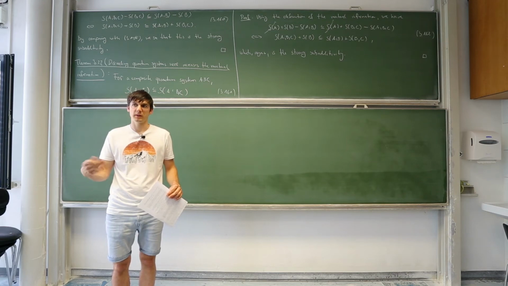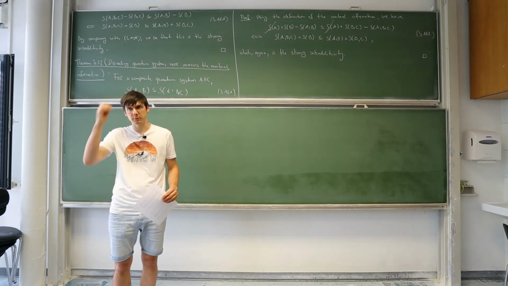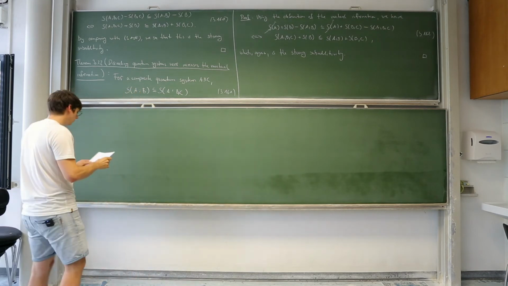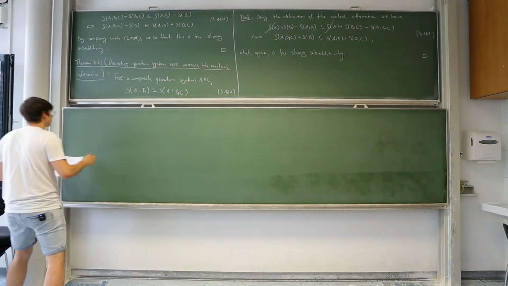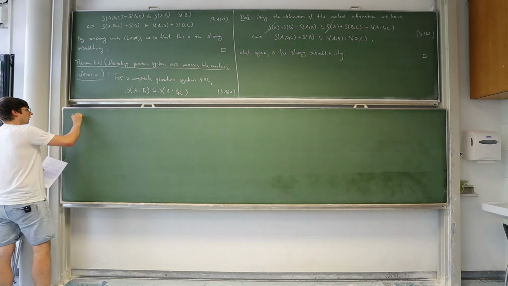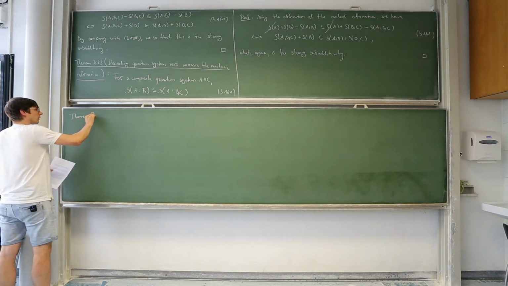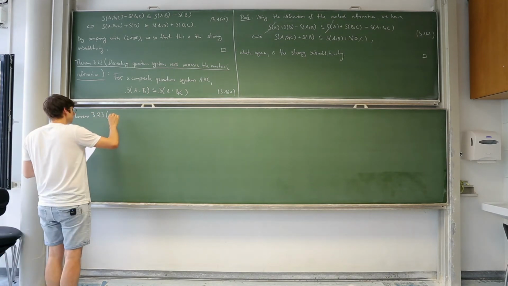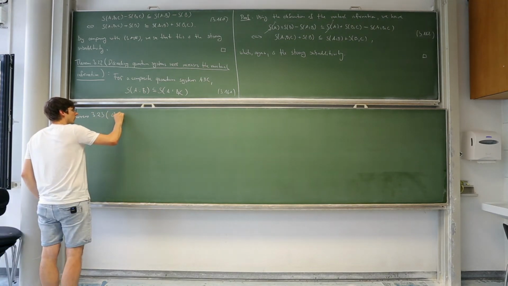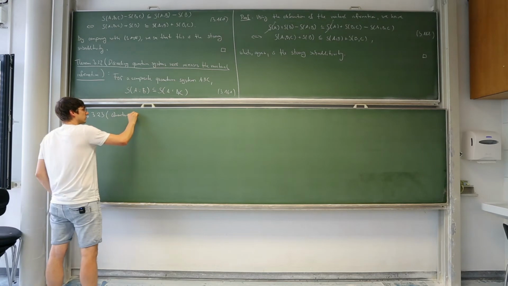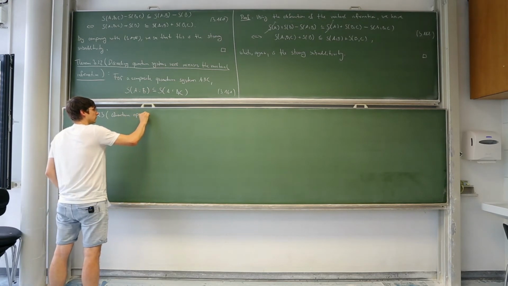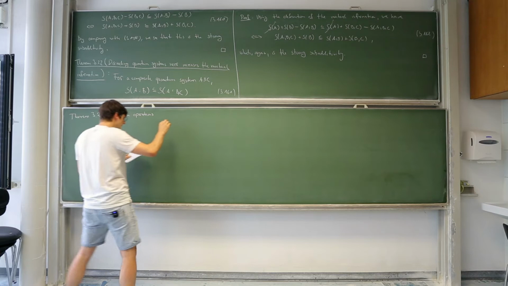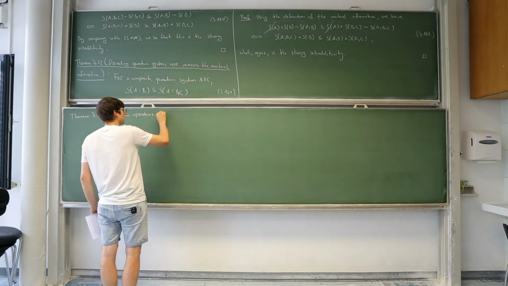Okay, so performing a trace-preserving quantum operation must decrease the mutual information. This is theorem 323. Quantum operations never increase mutual information.